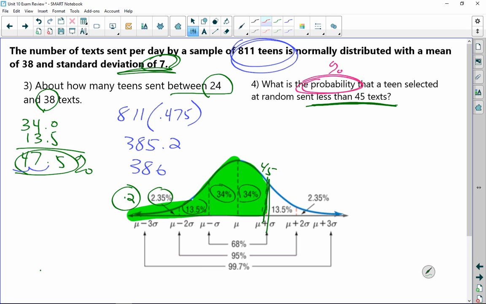Now, on your distribution, when you draw it, I would recommend that you draw it on your test. Instead of writing 2.35, I would just change that to 2.5. It's not quite 0.2, but it just kind of rounds up to that.